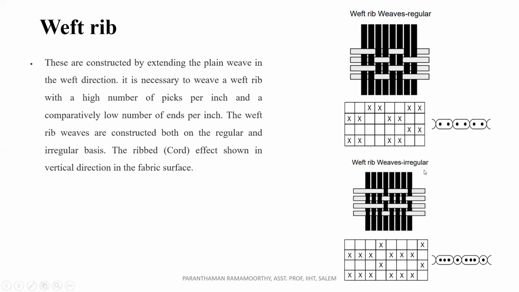These two figures show the regular and irregular weft rib weaves. Here the intervals between these two are equal. See here, first half. The interval between these weaves is different, 3/1.